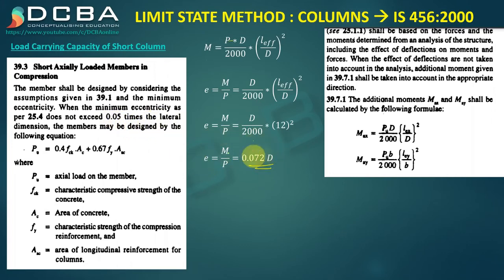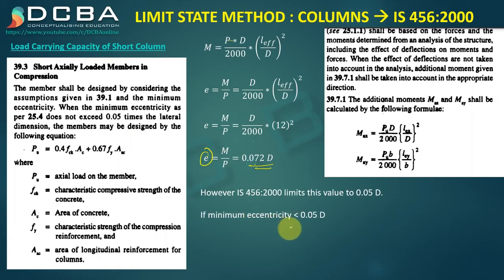So for it to remain a short axially loaded column, the eccentricity should not exceed this value, but to be on the safer side, IS code says that it should not exceed 0.05 times the lateral dimension. So IS 456-2000 limits this value to 0.05 D.